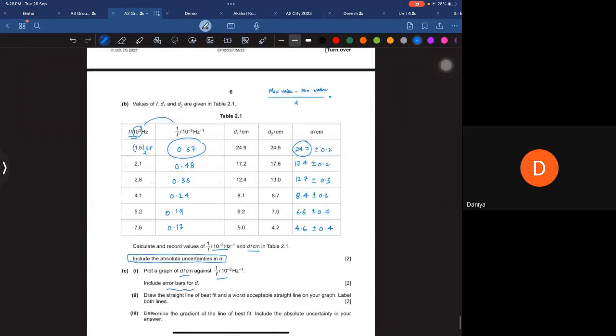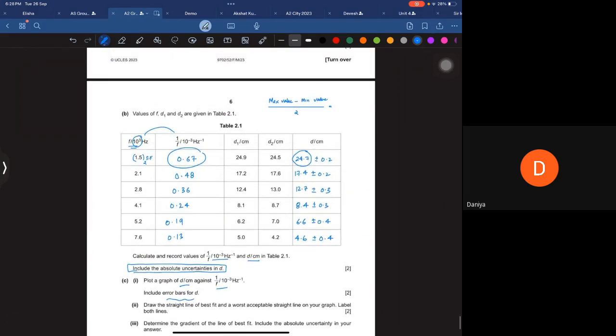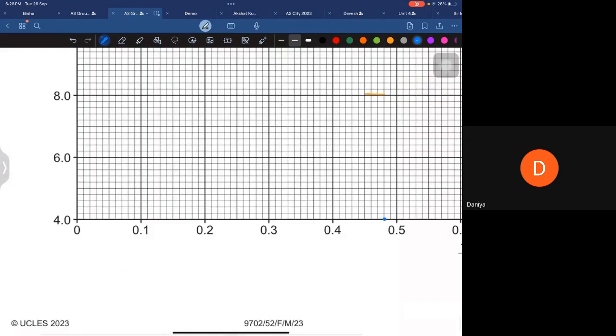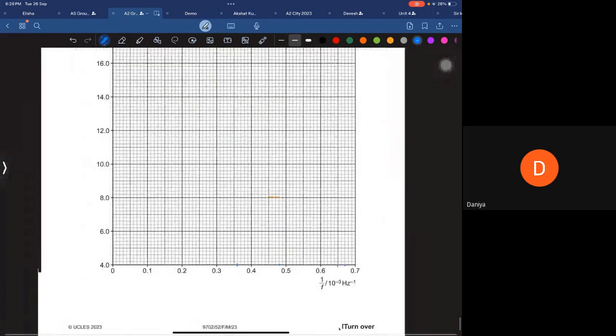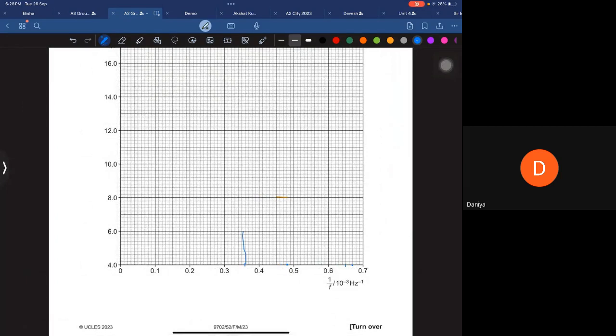The next would be 0.36 and 12.7. 0.36 is going to be this one, and 12.7 is going to go... This is 12.5, 12.6. Sorry, 12.2, 12.4, 12.6, 12.5 will be somewhere here.